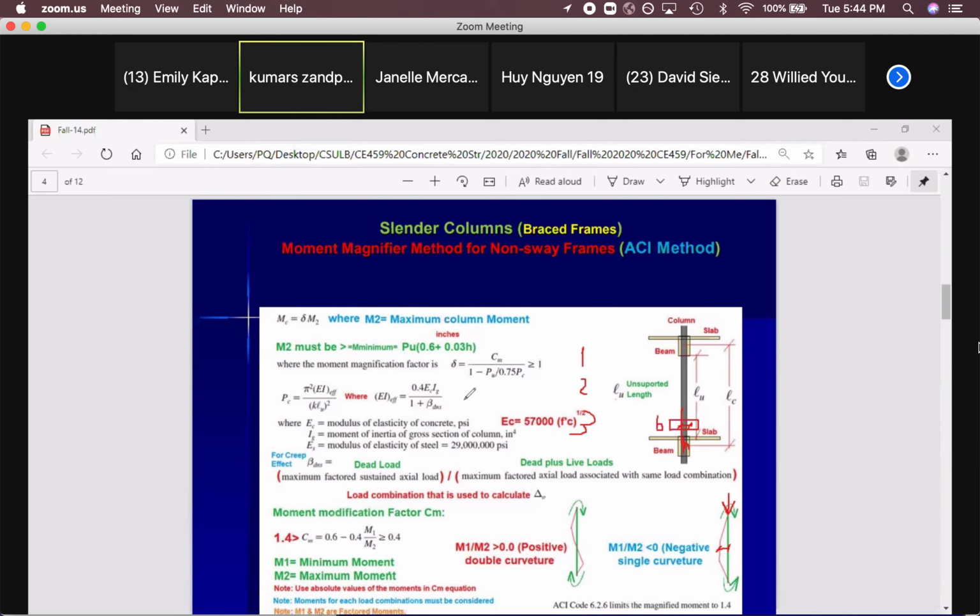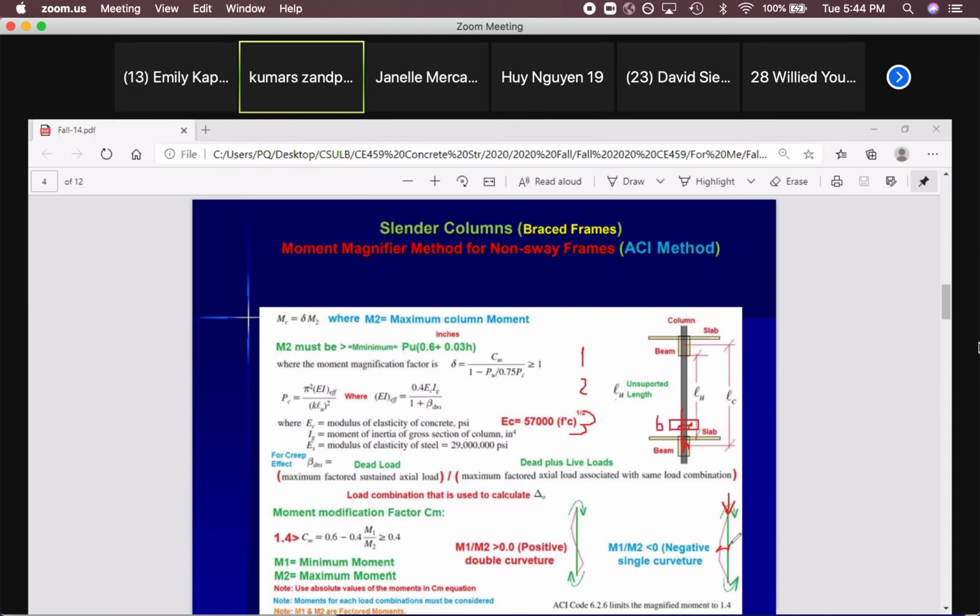Okay, so if you have this case, you should consider M1 over M2 negative. Why negative? Because negative times negative should be positive. You will get a bigger Cm. A bigger Cm will give us a bigger magnifier factor. It will increase the moment even more.